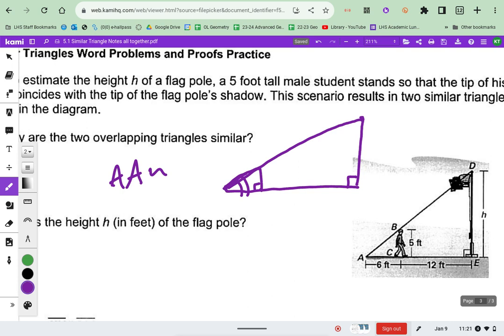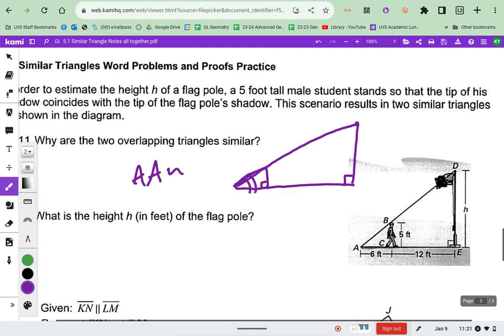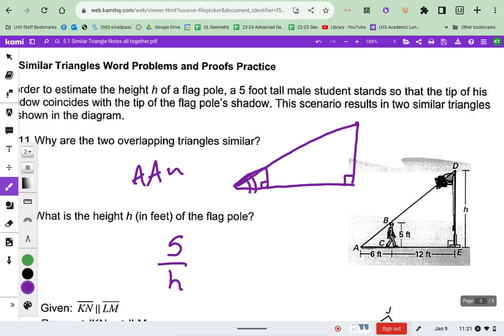And now that we know they're similar by angle-angle similarity, we can use proportions to solve for missing pieces. So if we're solving for the height of the flagpole, I'm going to do small side of the man's triangle over small side of the flagpole's triangle. So that would be 5 over h.